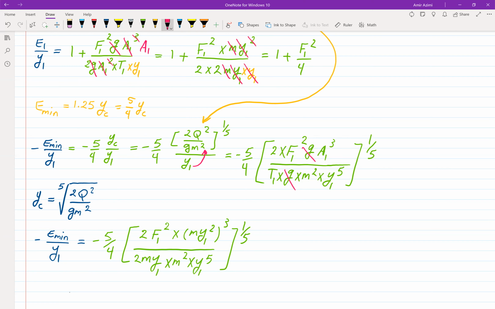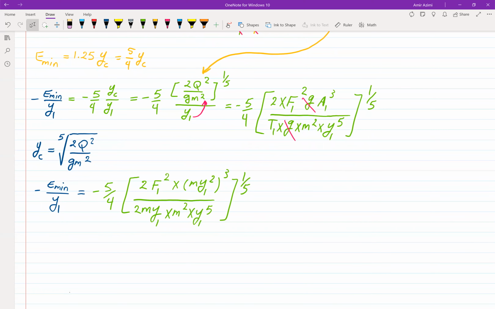Okay, so here MY1 squared to the power of 3 gives me M to the power of 3 Y1 to the power of 6. So M to the power of 3 cancels out here, and then Y1 times Y1 to the power of 5 cancels out with Y1 to the power of 6, and 2 cancels out.